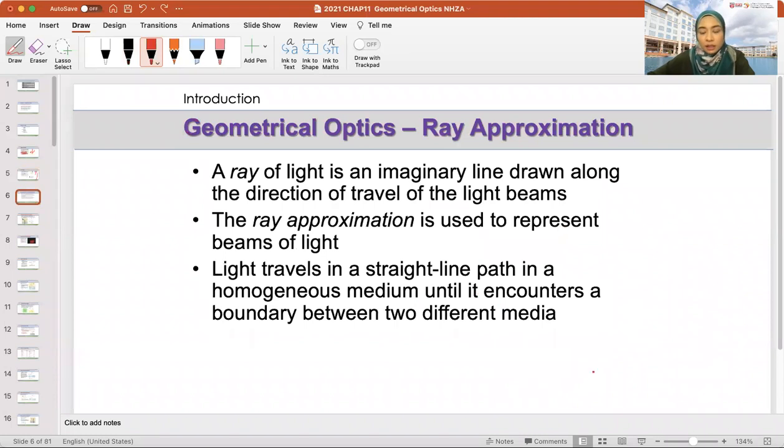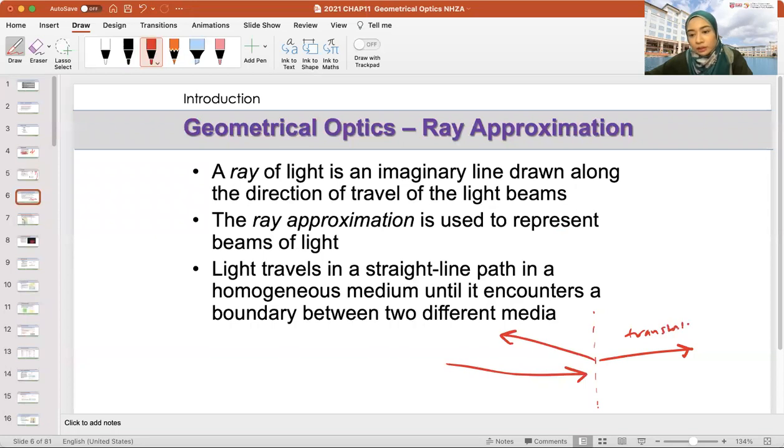We have seen that if our wave hits a boundary, it will either reflect ataupun transmit. Sorry, this is a terrible drawing. So it can go through two things: either it will transmit or reflect, or it can be both reflected and transmitted.